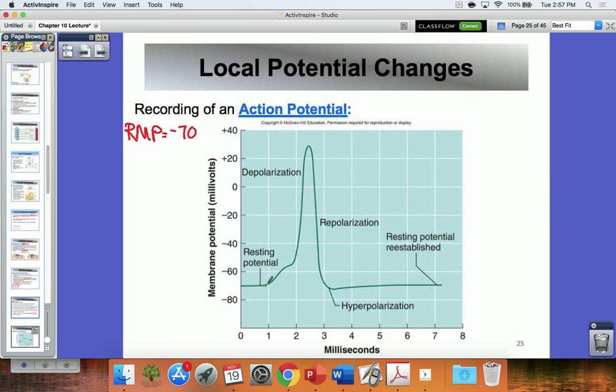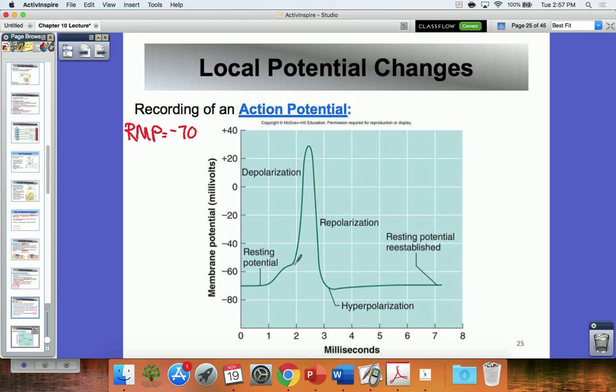If you look at the chart, are we becoming more positive or becoming more negative? We're becoming more positive. Okay? So the cell itself, again, is becoming more positive. And remember, in order for us to reach an action potential, it has to reach the threshold. And the threshold, if you remember, is -55, which is about right here.